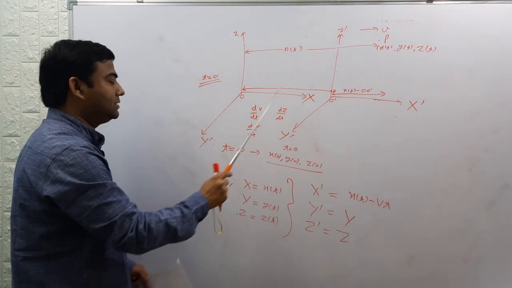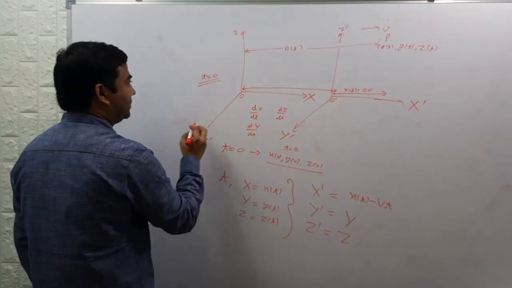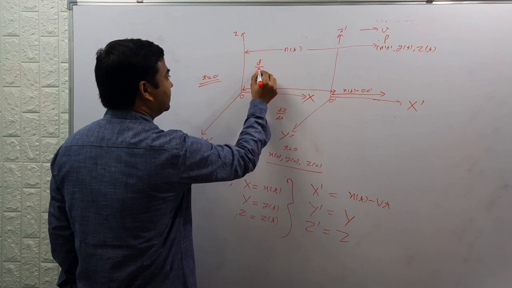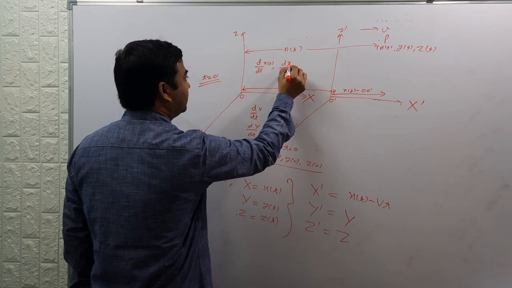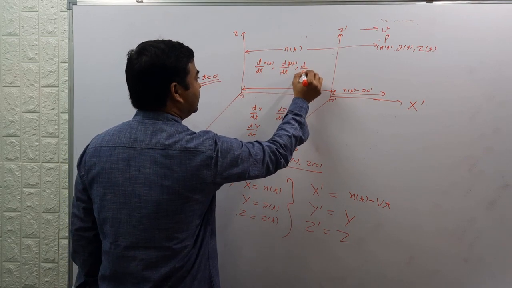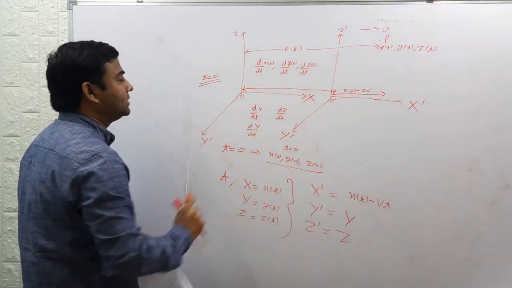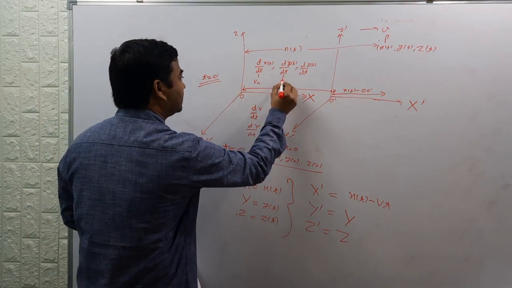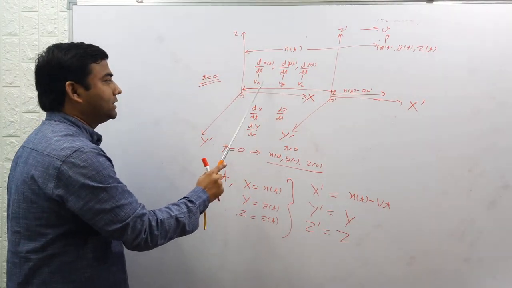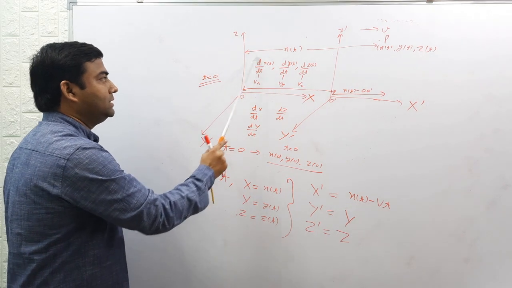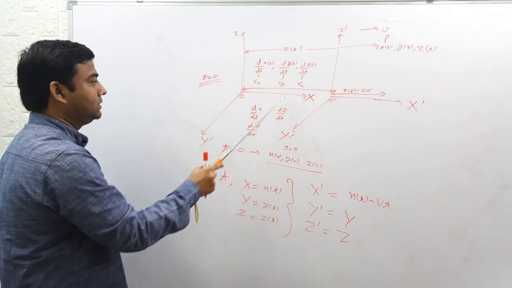In xyz directions, velocity of the point is given by this. dx over dt is d/dt of xt, d/dt of yt and d/dt of zt. So these are velocities in x, y, z direction, vx, vy, vz. X, y, z direction velocities are given in this frame by these expressions, or you can say dx over dt, dy over dt, dz over dt.